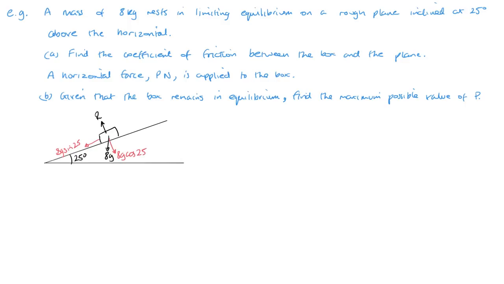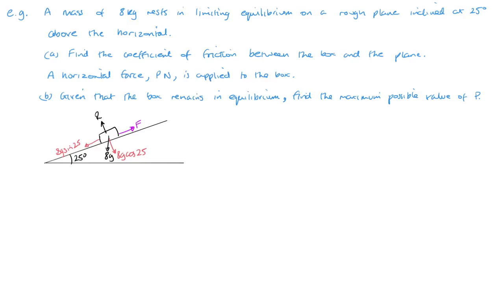Just remember this angle is 25, so when you're doing it with the angle that you know, it is cos, and the alternative one is always sine. So that's what we've got. And then if I think of this now in kind of purple, then this mass is going to be pulling the box down the slope. So friction must be acting up the slope to keep it in limiting equilibrium.